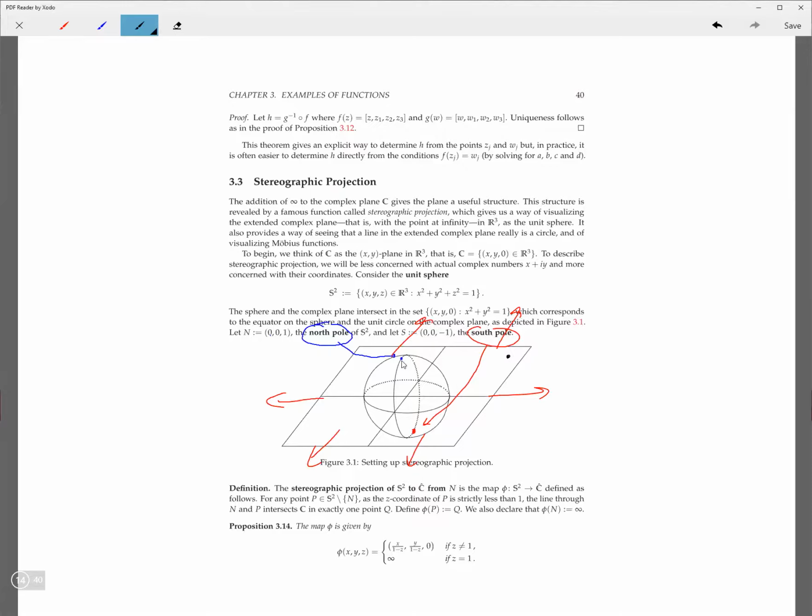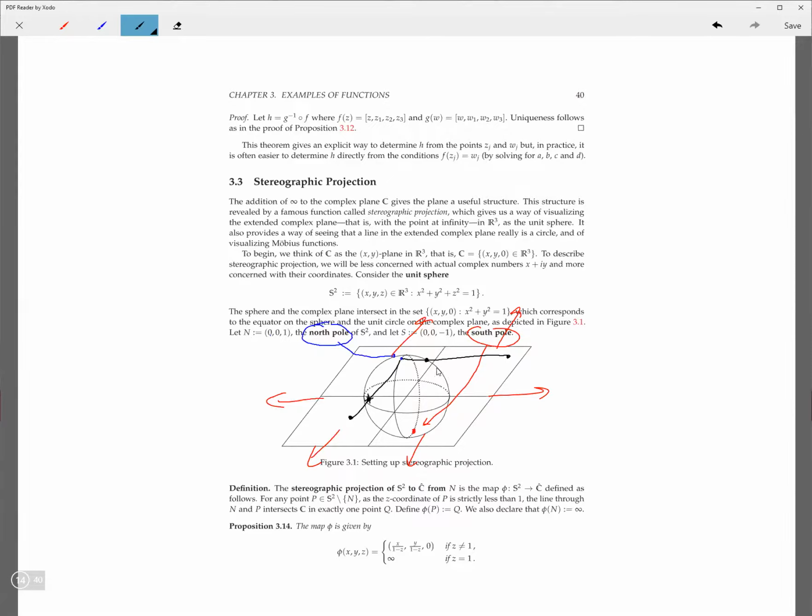If you connect the North Pole with that point with a straight line, then it will intersect the sphere at some point, maybe right there on the surface of the sphere.